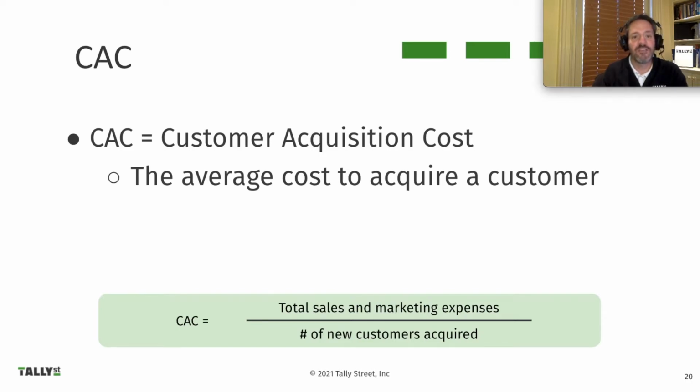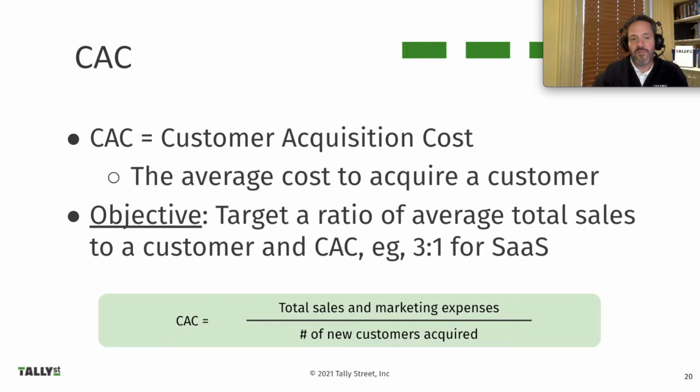Generally speaking, it's the sales and marketing expenses that you can allocate to customer acquisition, and then just divide that by the number of customers acquired. So if you were looking at CAC over the course of a year, you might add up your sales salaries, marketing salaries, costs, trade show cost, etc., and divide it by the number of customers acquired during the year to get the average cost to acquire a customer.